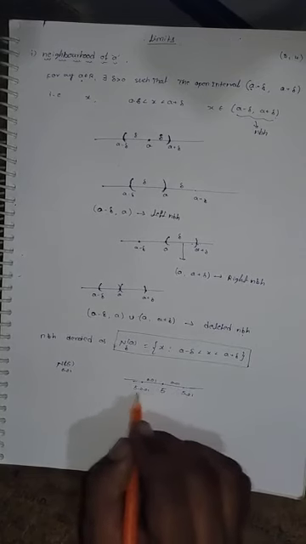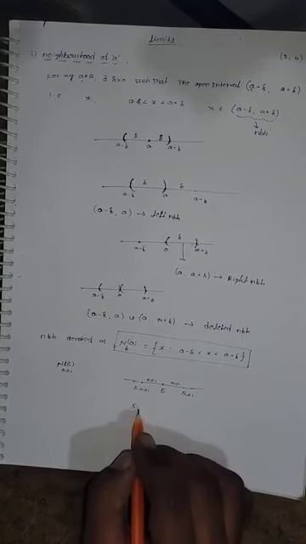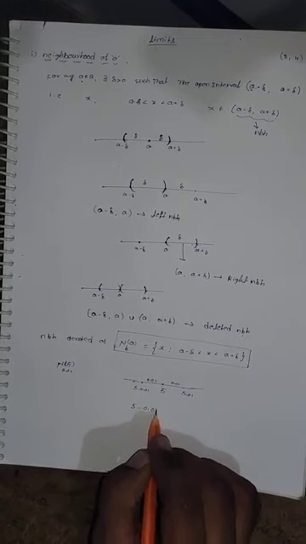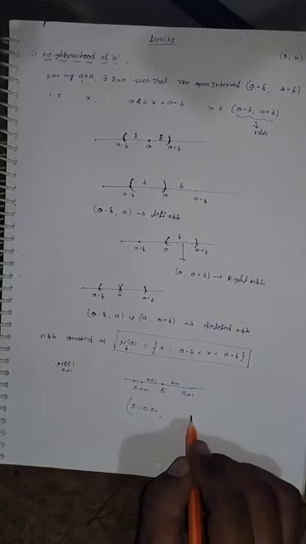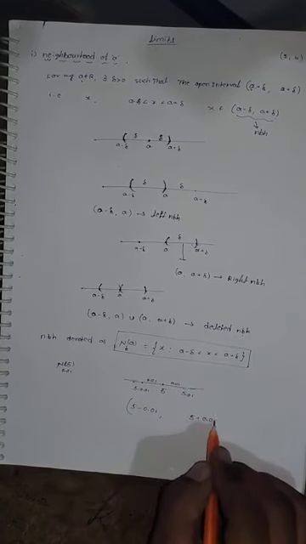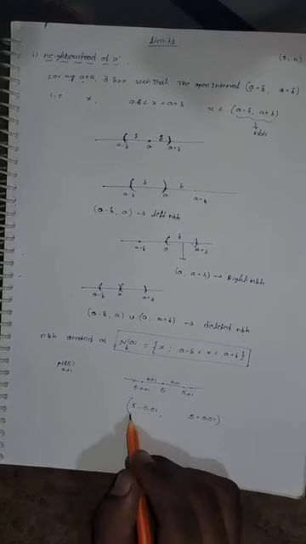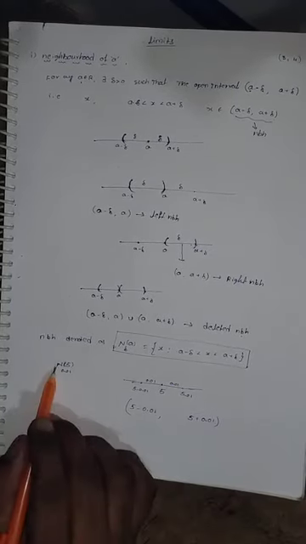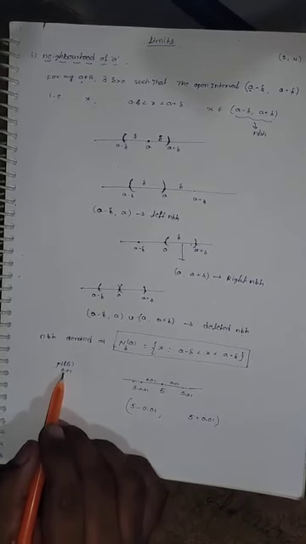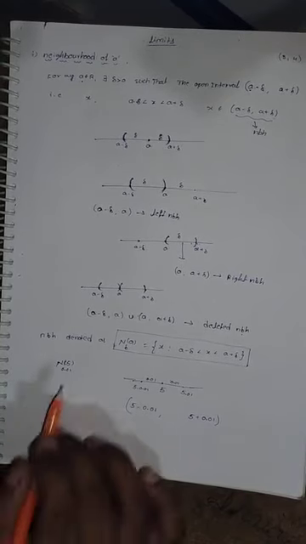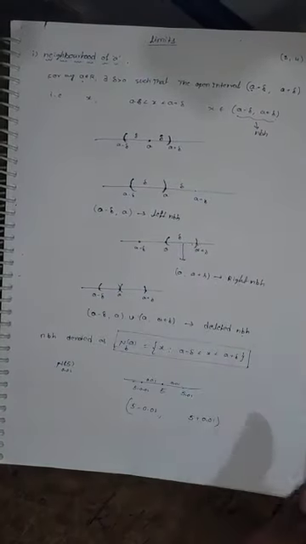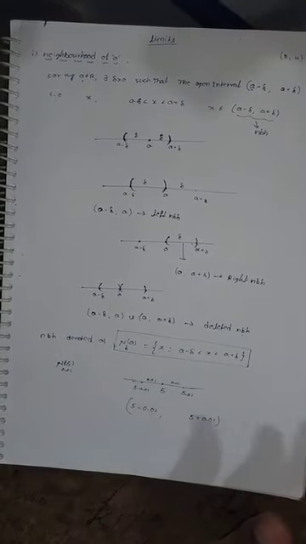Now the interval is 5 minus 0.01 to 5 plus 0.01. In between we have infinitely many points, but this interval is called the neighborhood of 5 with radius 0.01. That is the meaning of the neighborhood of any real number on the number line.